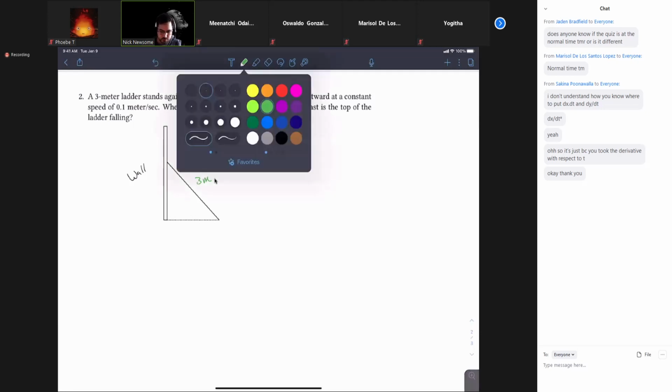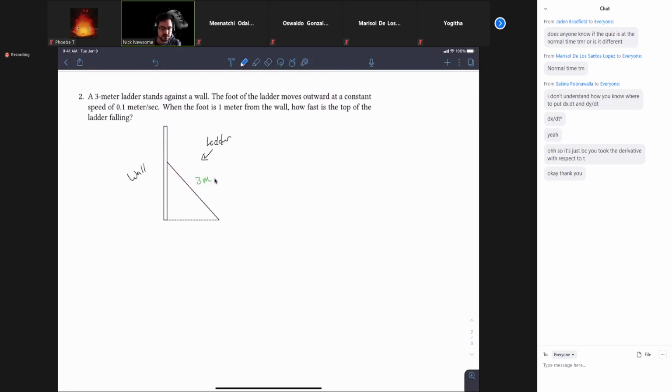In order to actually do any kind of math on this thing, I need to introduce some variables. I don't know how far the top of the ladder is from the ground, so we'll give that a name. I also don't know how far in general the bottom of the ladder is from the wall.